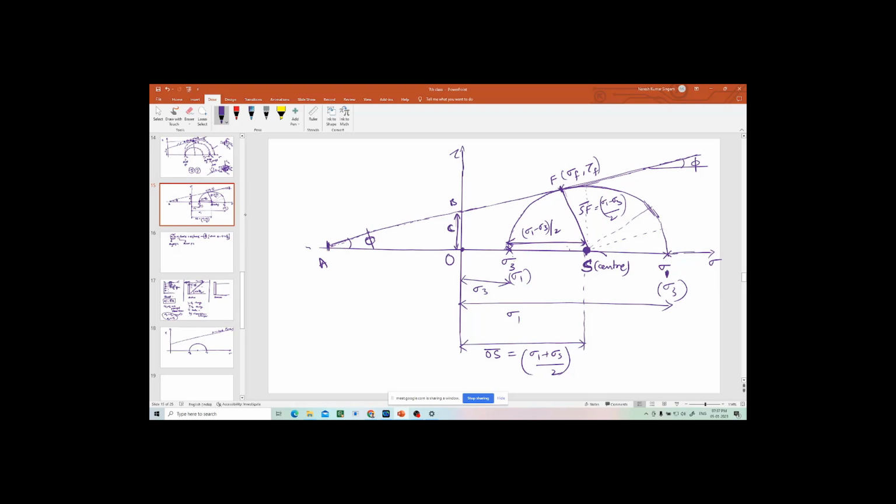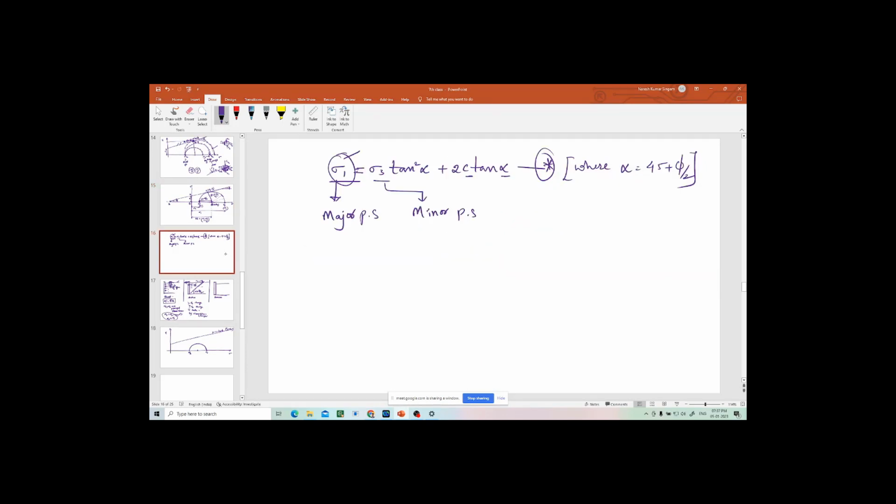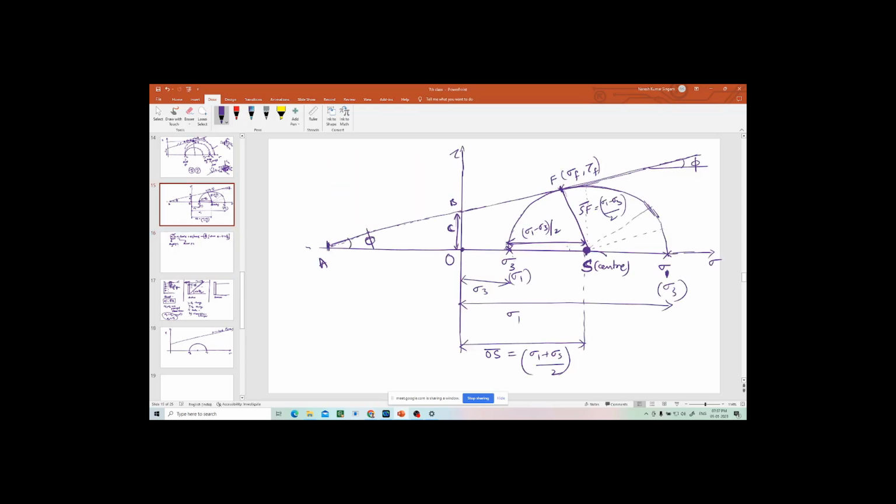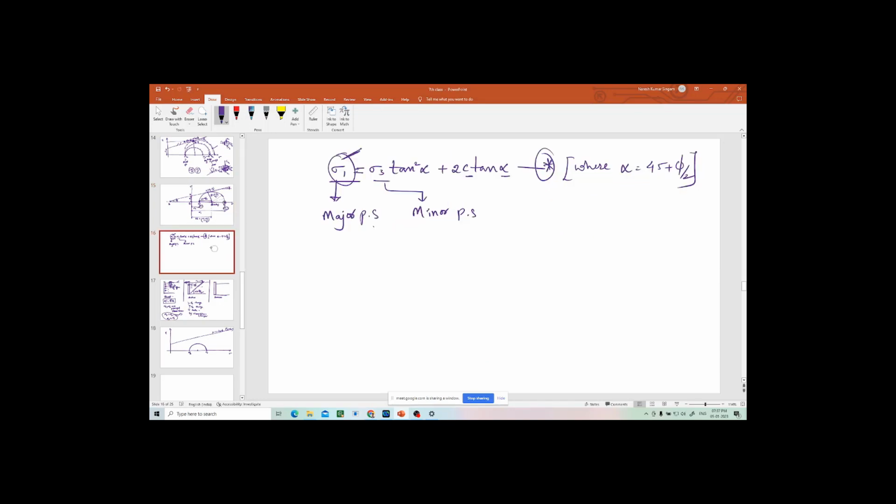By using the triangle properties, you can derive this equation: sigma 1 equal to sigma 3 tan square alpha plus 2c tan alpha, where alpha is 45 plus phi by 2, sigma 1 is the major principal stress, and sigma 3 is the minor principal stress. That means you have to take the LHS of that equation always this point. You may use sigma 3, you may use sigma 1, it doesn't matter, so that this stress should be on the left side of the equation.